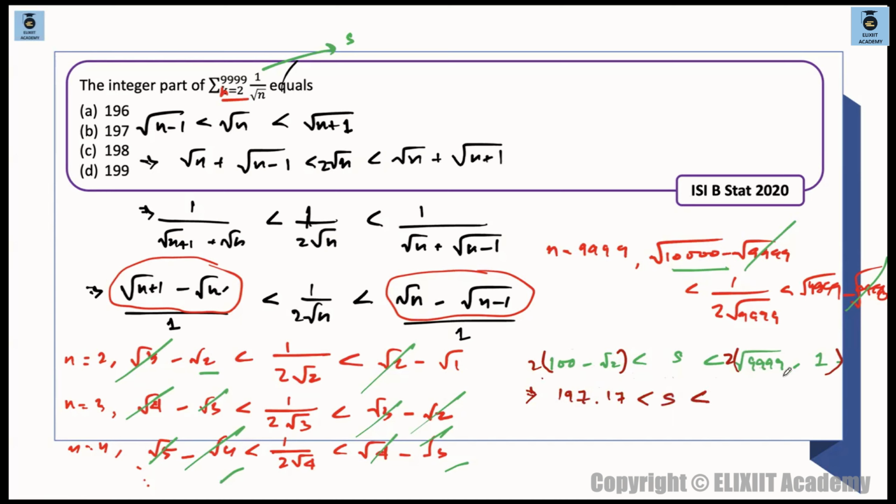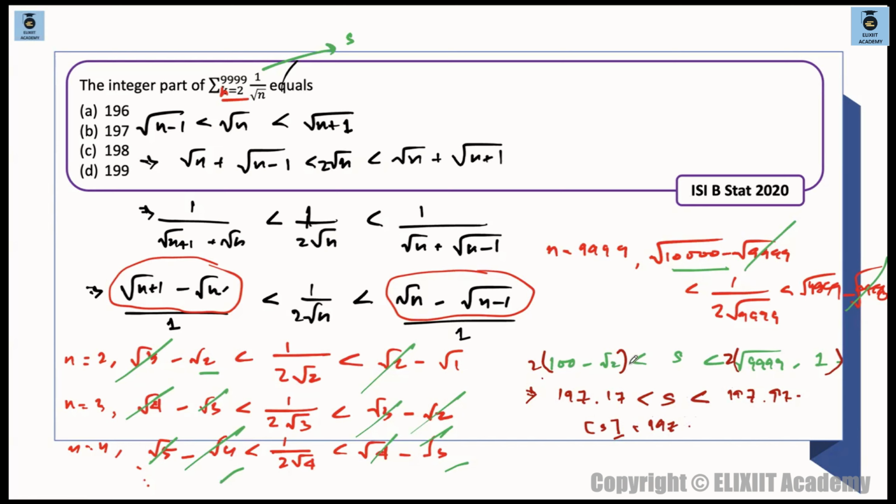And similarly, this quantity will be 197 point something, 197.97 most probably. So once you calculate this, your S is lying in between this quantity. So clearly, the integer part of this thing will be 197. So this is another way of solving this question.